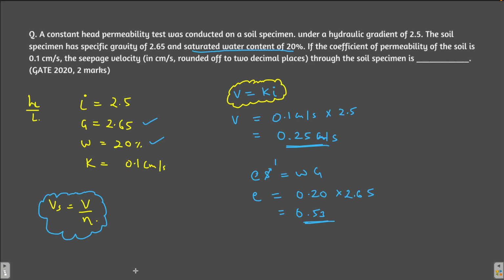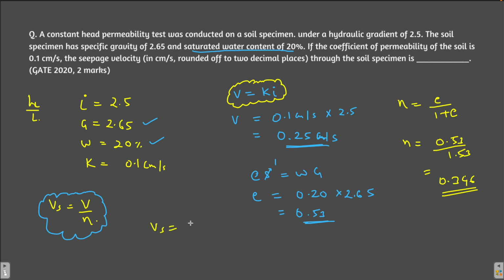Now we know from our old school formula that porosity is equal to e by 1 plus e, right? So porosity will be how much? Porosity will be e by 1 plus e, 0.53 by 1.53, and this will give you 0.346, right? 0.346. Now we have to find out the seepage velocity.